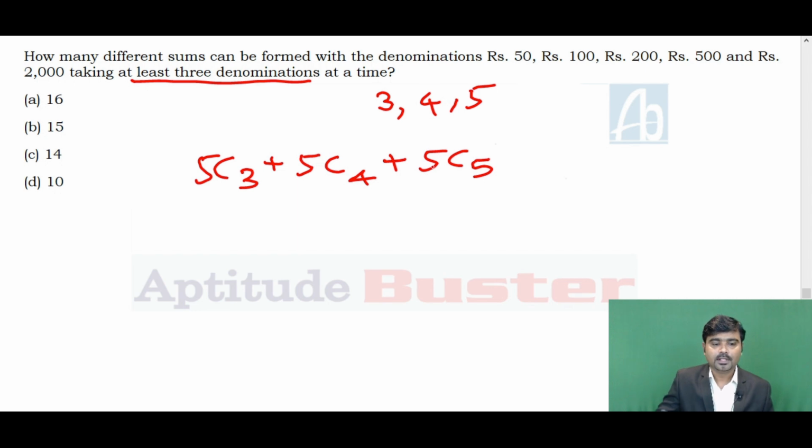Have you understood? We know the nCr formula, that's nothing but n factorial divided by r factorial into n minus r factorial.